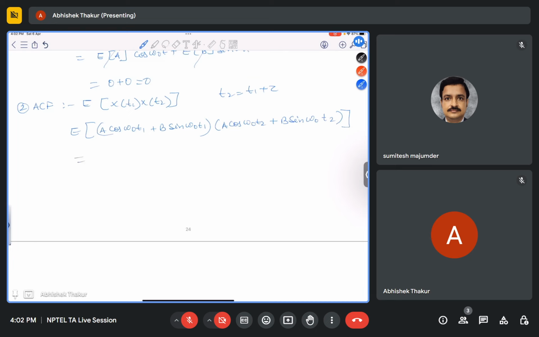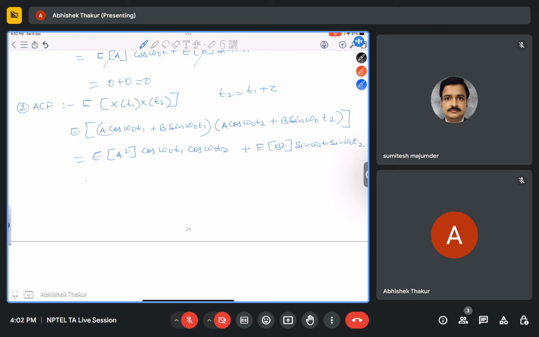So this will become the expectation of A² cos(ω₀t₁) cos(ω₀t₂) plus the expectation of B² sin(ω₀t₁) sin(ω₀t₂).